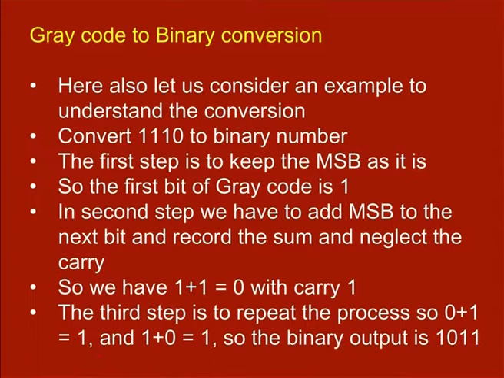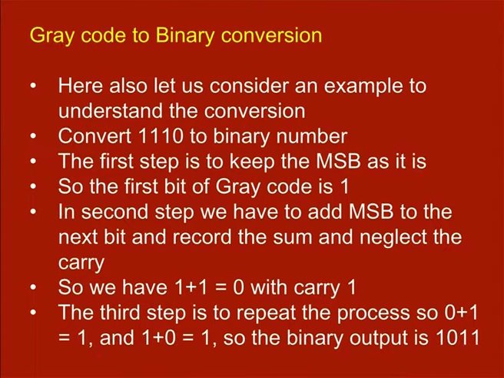In the second step, we have to add the MSB to the next bit and record the sum by neglecting the carry. So, now we have MSB as 1 and the next digit is 1. If we take the sum of these two numbers, we get 0 as the sum and 1 as the carry.